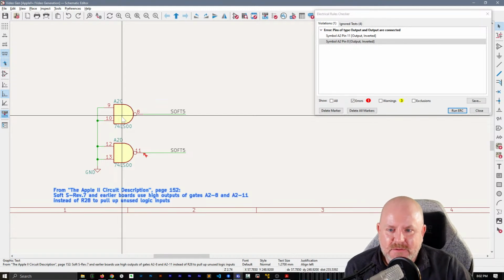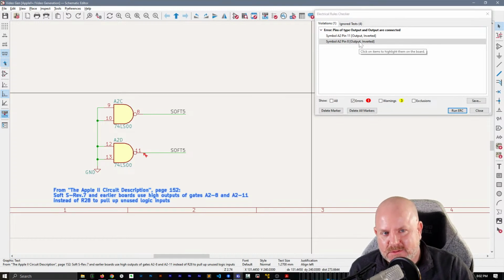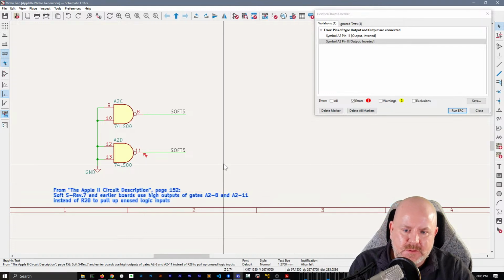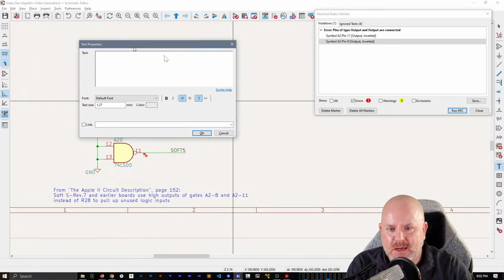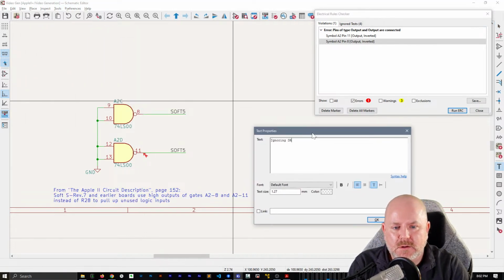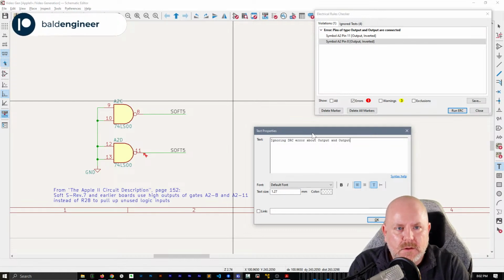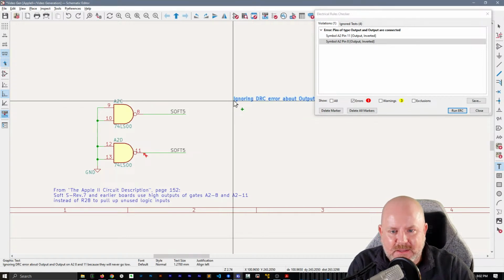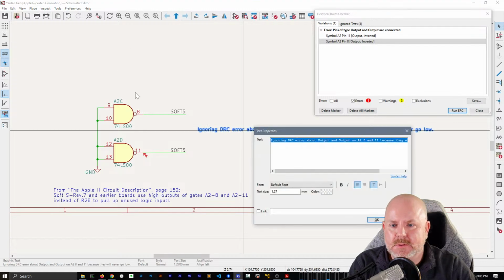So we could do that to get rid of the error. However, I think the better approach is we just make a note and we ignore the error, because these will never go low.